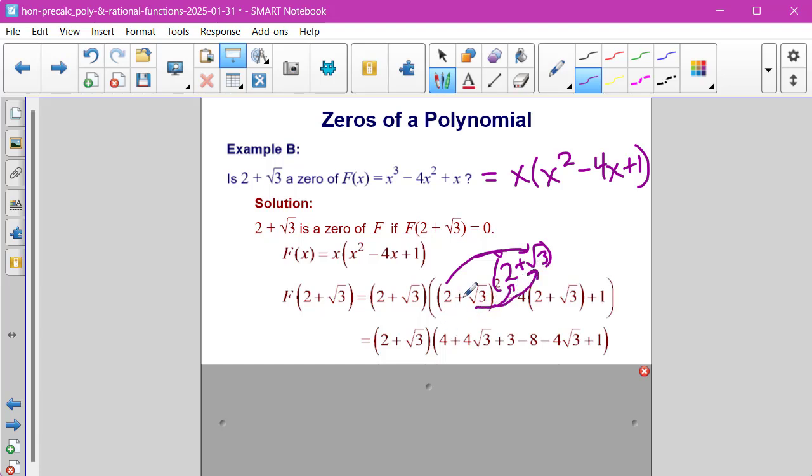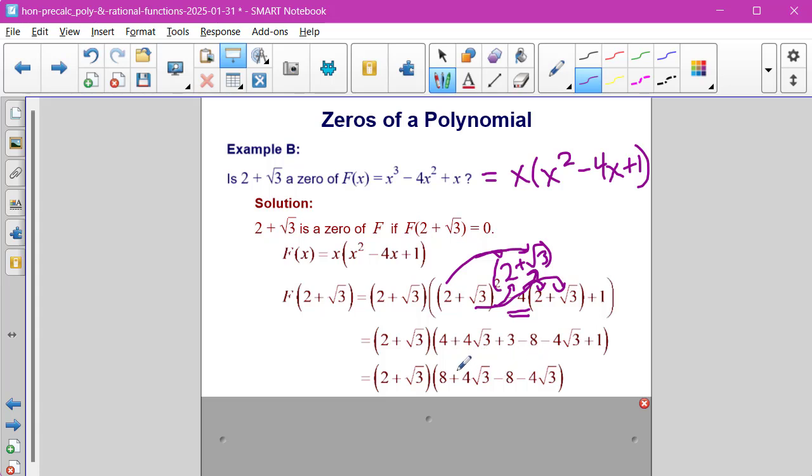And that's how we get 4 plus 2 root 3 plus 2 root 3. So that's 4 root 3 together plus 3. And then we have this minus 4 that we have to distribute into here. So we get minus 8 minus 4 square root of 3, and then plus 1.